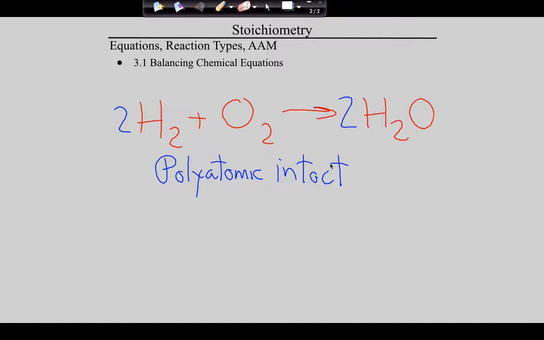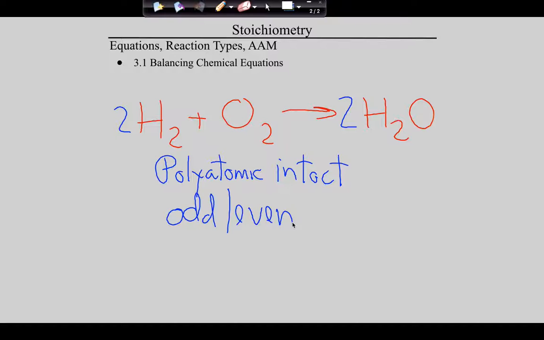Another thing we talked about was what we called an odd-even conflict. You get to the point where you've almost got it balanced and you've got an odd number of one particular atom on one side and an even number on the other side. And of course you remember how to resolve that. Double the odd number and then start over.